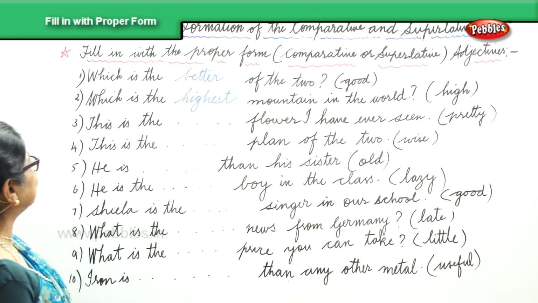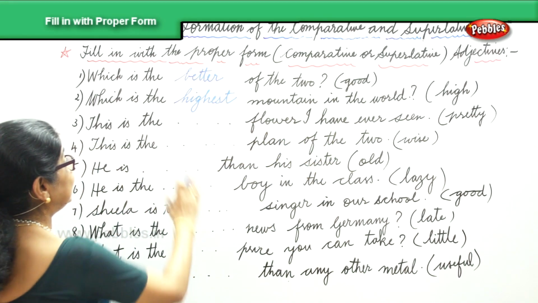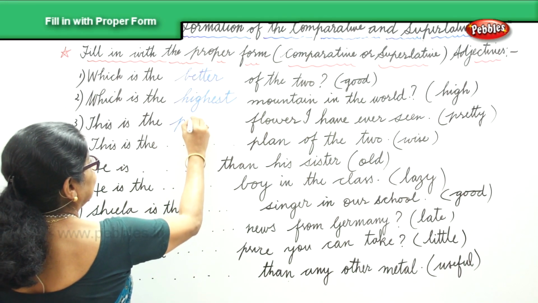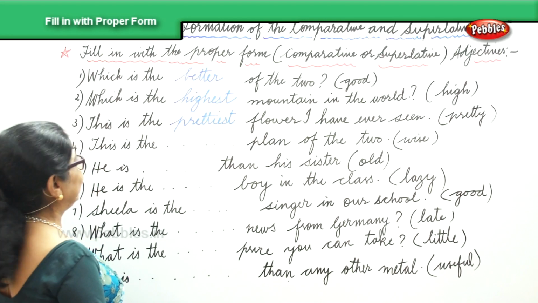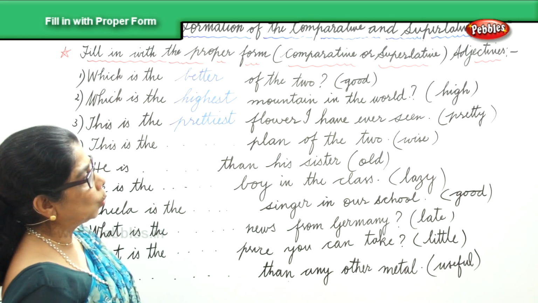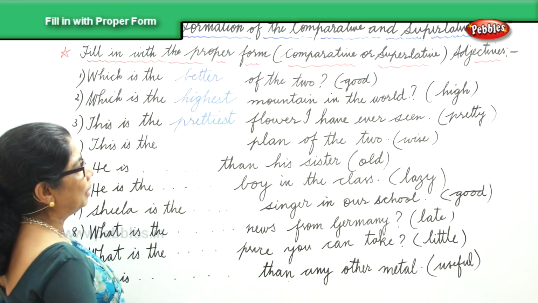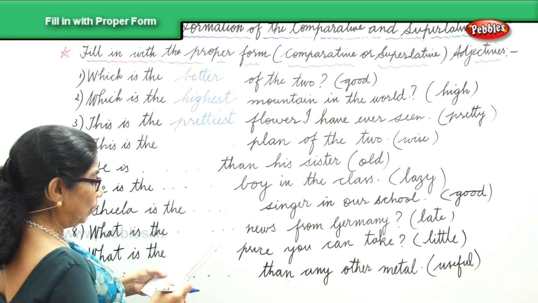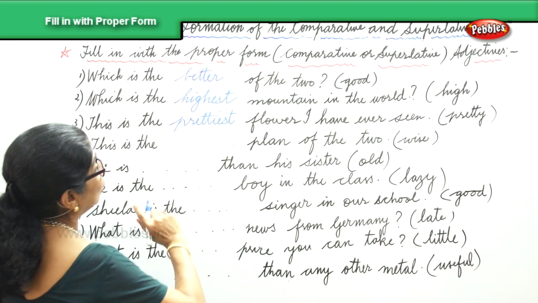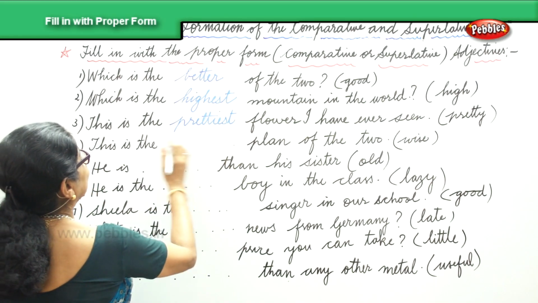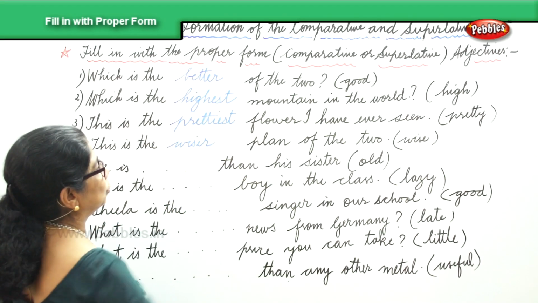Pretty, prettier, prettiest. This is the prettiest flower I have ever seen. You're given wise, wiser, wisest. This is the wiser plan of the two.